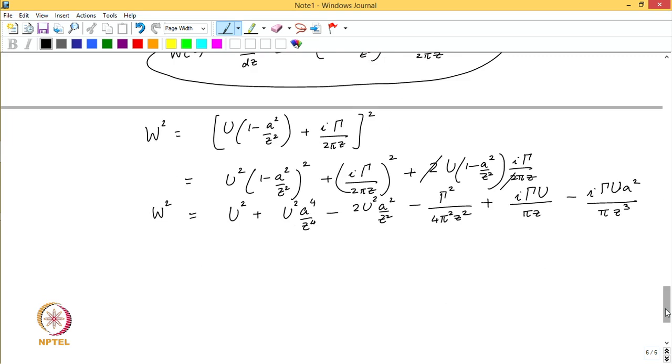Now, let us see where we have to evaluate this integral. We have to evaluate that integral of w square dz in the complex plane over the surface of this cylinder which has a radius a.